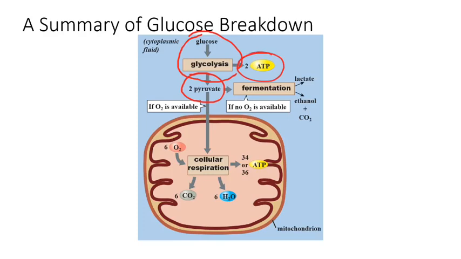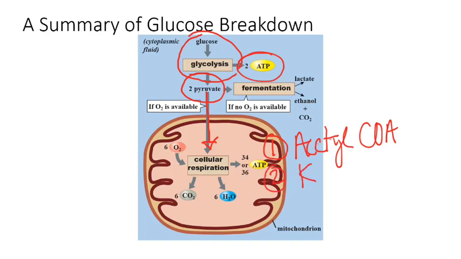That pyruvate, if oxygen is present, will then go into the mitochondria. And in the mitochondria, we're going to do cellular respiration. First, we're going to make acetyl-CoA, and then it will go through the Krebs cycle.